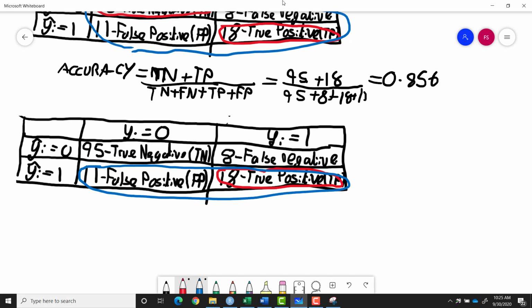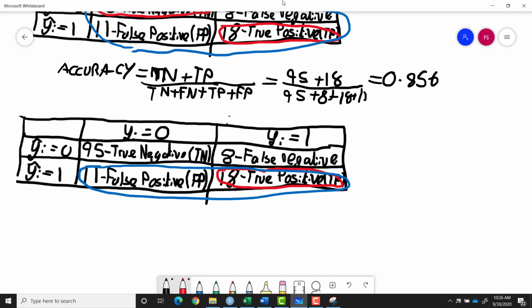The idea is this: if we get a positive result, what's the chance of it actually being true? An example of this is if you're testing for a rare disease such as HIV, even if you have a low false positive rate, if most people are negative, your false positives are probably quite high relative to your true positives. So the precision will tell us, if I get a positive result, so somebody's just been diagnosed with HIV, how likely is it that they actually have it?